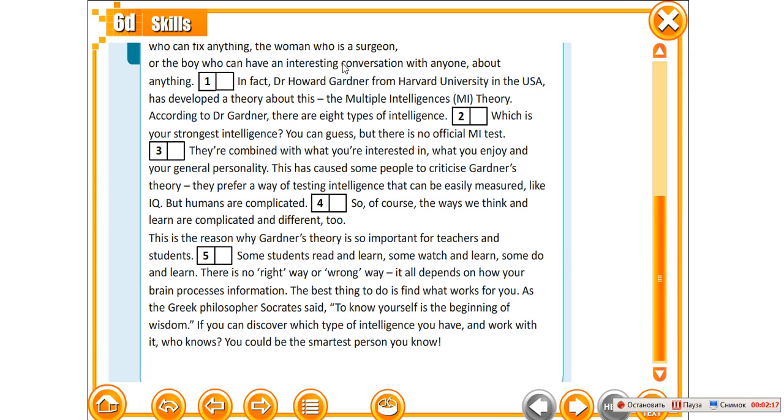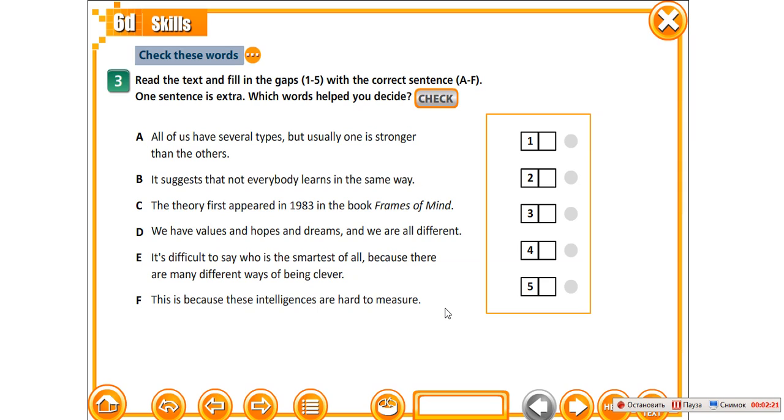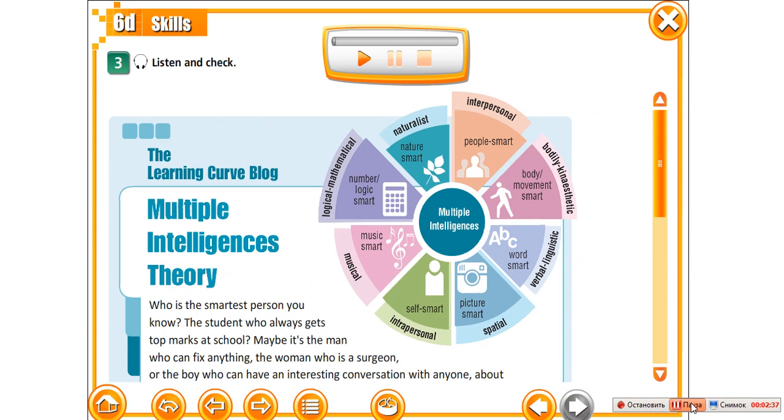You have to complete these 5 gaps with the sentences from A to F. Pause the video and do this exercise yourself. Then you listen to the text and check your answers. Have you done? Let's listen to the text and check your answers.